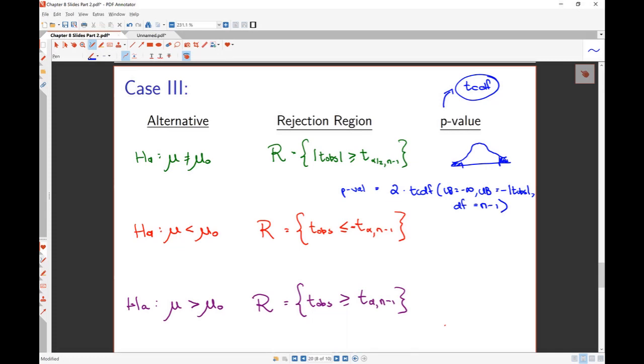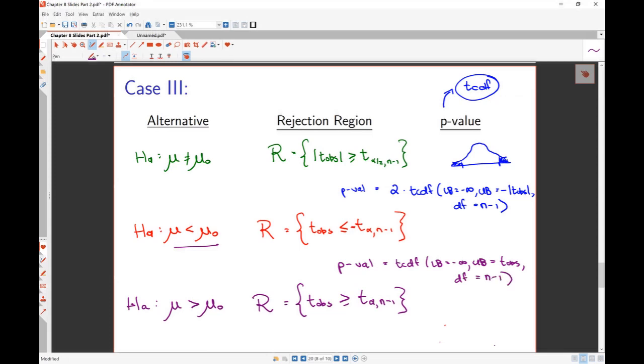In the case of a one-sided test, if you have an alternative mu less than mu naught, then your p-value only wants to consider the area on the left. So it will be tcdf, lower bound is negative infinity, upper bound is t observed, and degrees of freedom n minus 1.